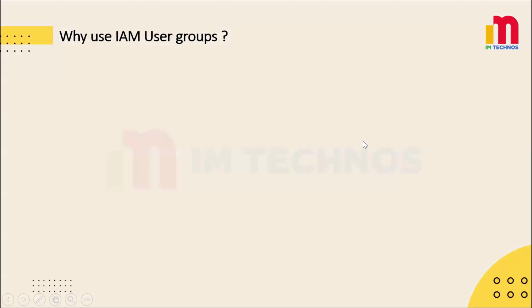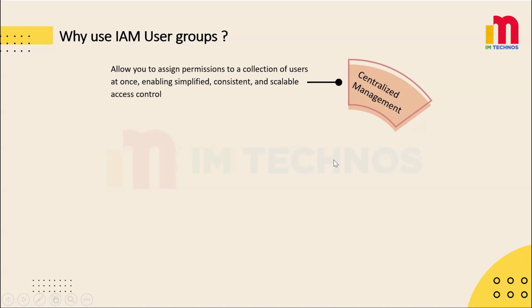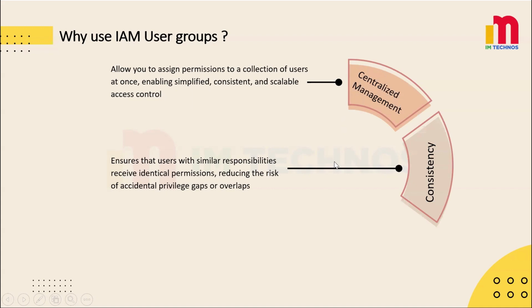Now, why should we use IAM user groups? Firstly, centralized management. IAM user groups allow you to manage permissions for multiple users from one place instead of assigning them individually to each user. Next is consistency. When users are part of a group, they automatically receive the same set of permissions.